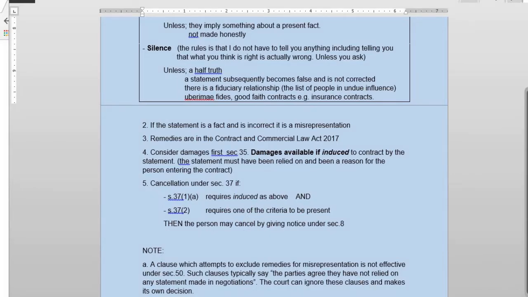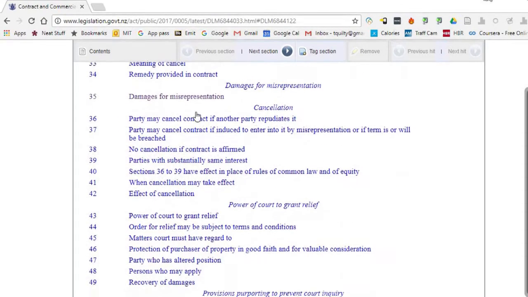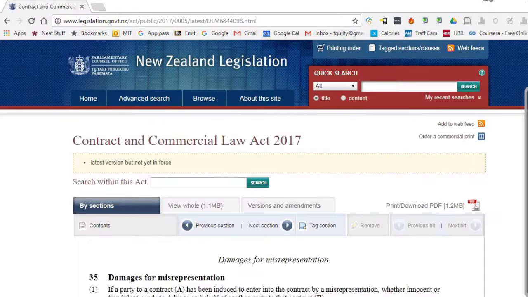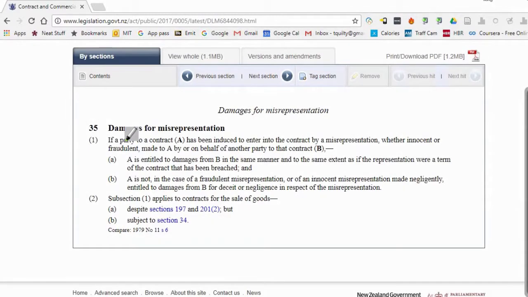So let's turn to that section. So we're in the Contract and Commercial Law Act 2017, damages for misrepresentation, and here you can see that it says a party has been induced by a misrepresentation. Notice it says innocent or fraudulent, so it doesn't matter whether you believed what you said, it's a question of whether it's wrong, apart from dishonest opinions of course, made by a person or on behalf of another party.